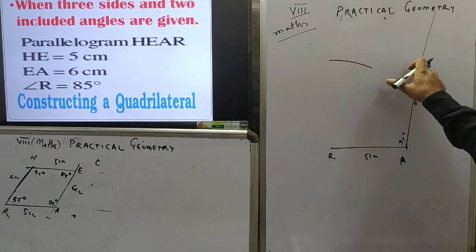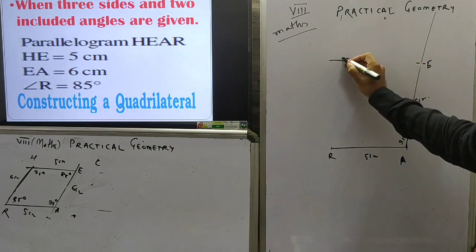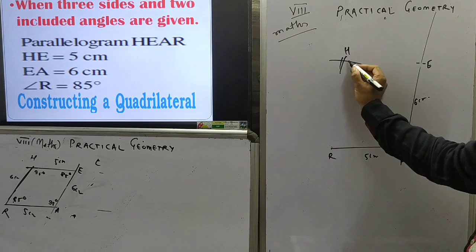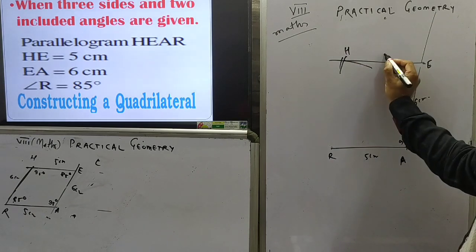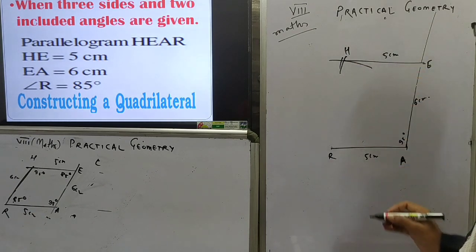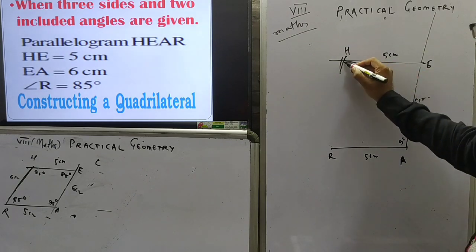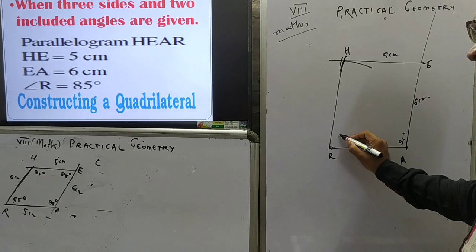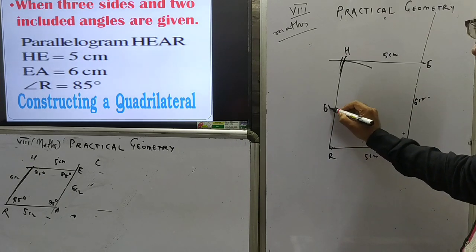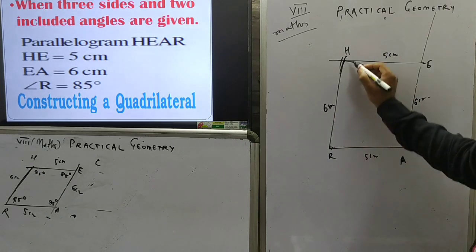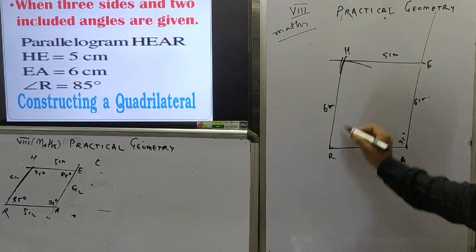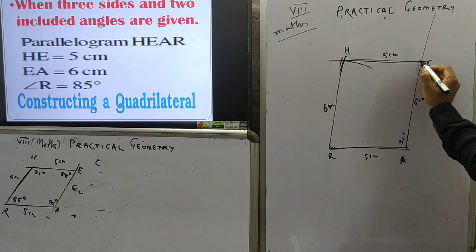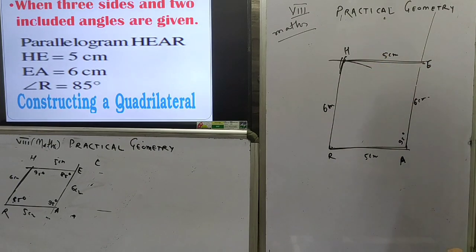Take the metallic end of the rounder at E, take 5 centimeter, and this is point H. Point H is 5 centimeter from E, and point H is 6 centimeter from point R. So this is HEAR. This side and this side are parallel, and this side and this side are parallel.